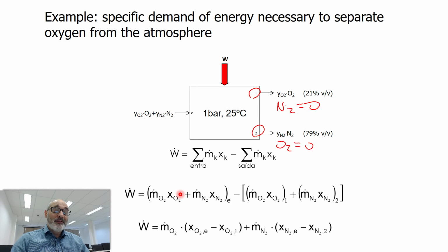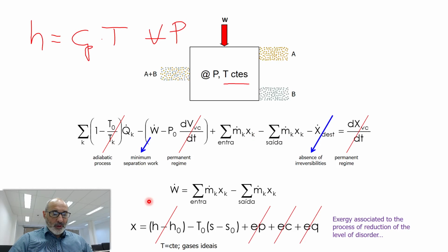This is because we're going to have different letters for different places in the process. So the concentration can be defined through the letter Y or through the letter X, okay? It's independent.